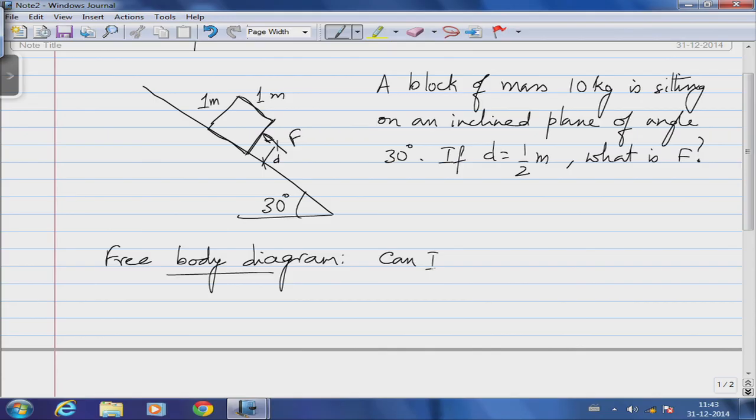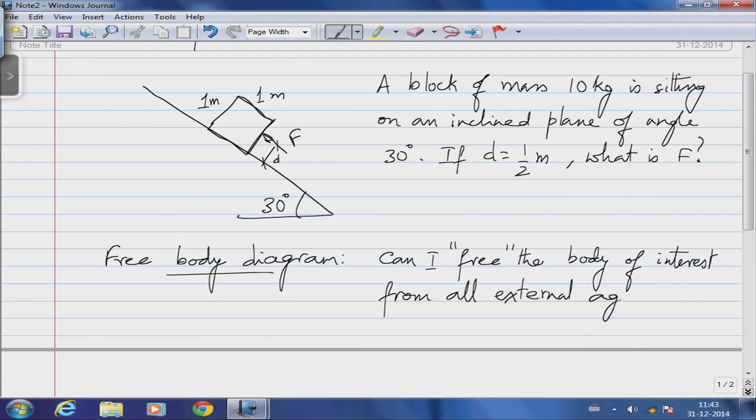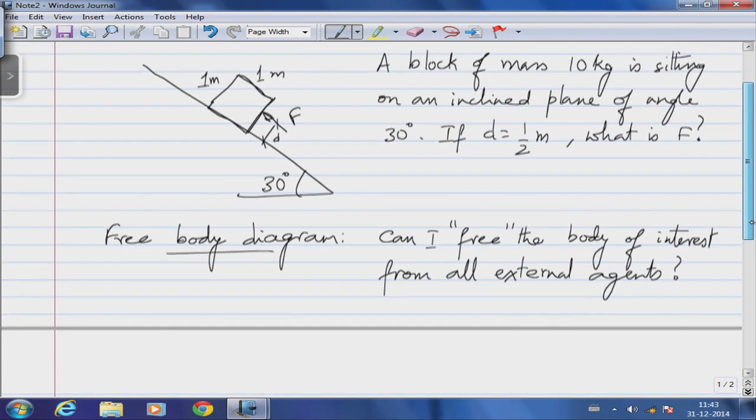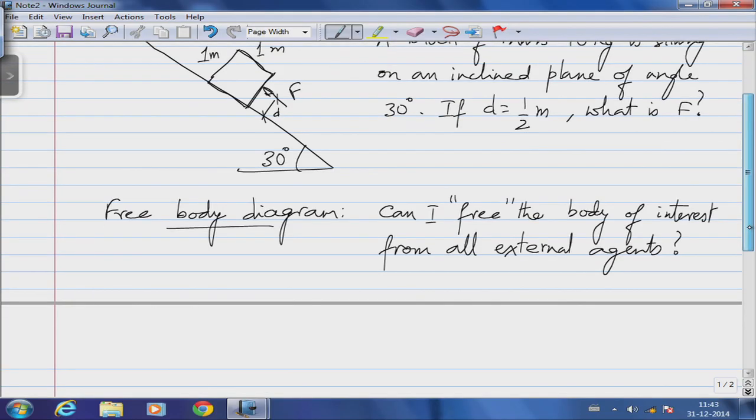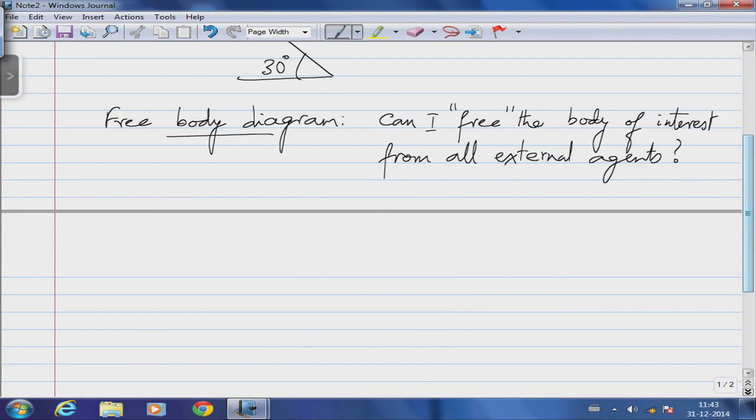Can I free the body of interest, I will put free in quotes, from all external agents? If I am able to do this, then I can only look at the body of interest. So, in this case the body of interest is this square block.